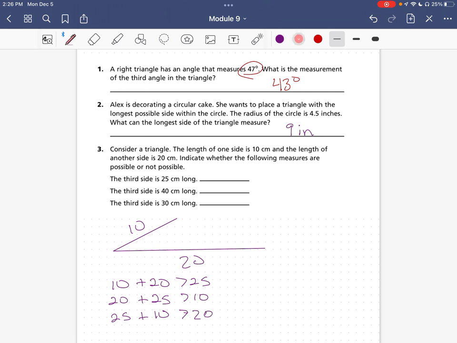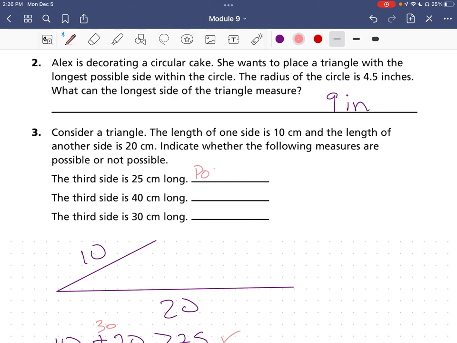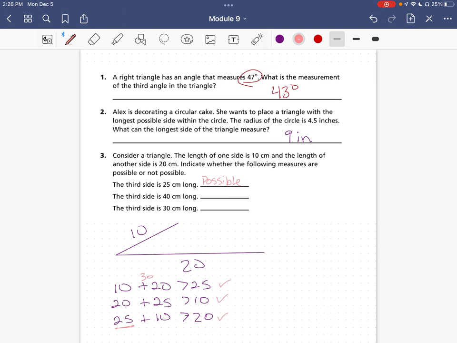And all of those seem to be true. This is 30. This is way bigger than 10. And 25 alone is bigger than 20. So this one is possible. At 25, they would be able to touch, high five here, and also have a little bit of distance in between that bottom part of the triangle and the top.